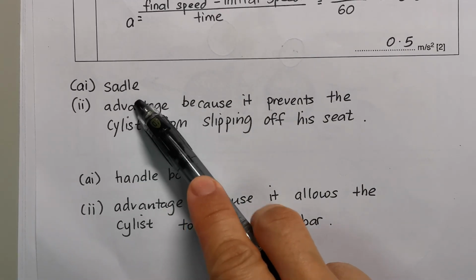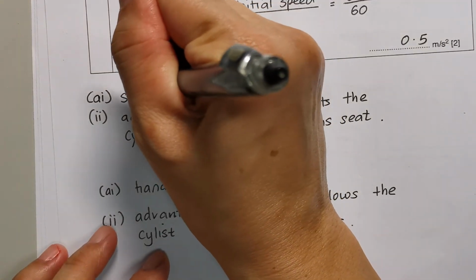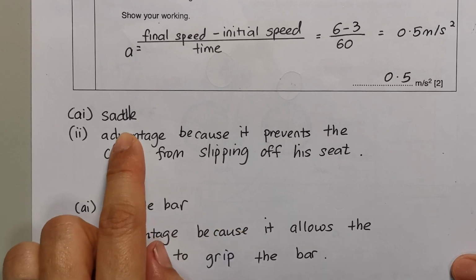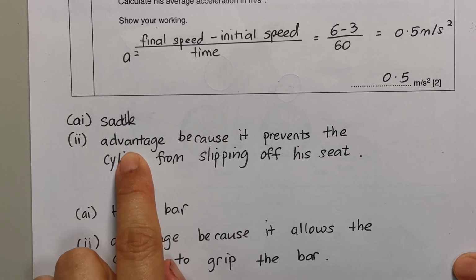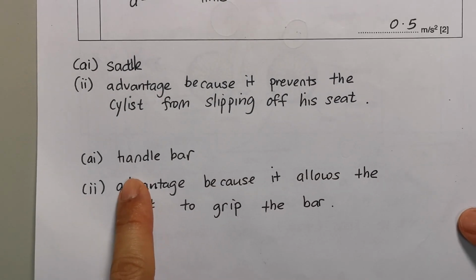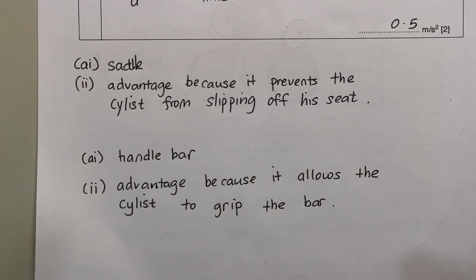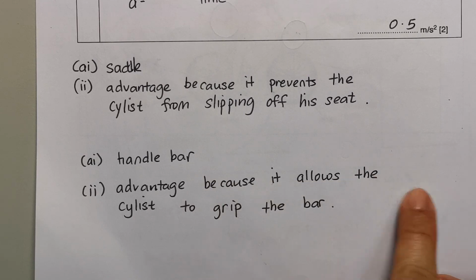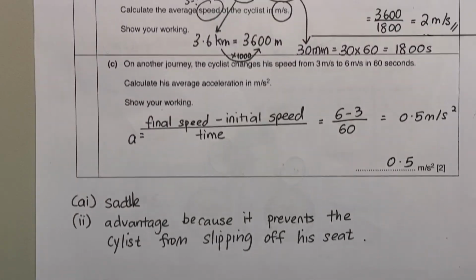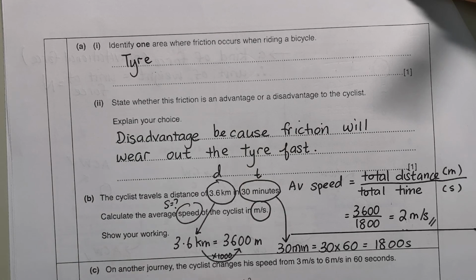The saddle is also a place where you experience friction. In this case, it's an advantage because it will prevent the cyclist from slipping off his seat. Handlebar, again, that's why cyclists wear gloves to increase the friction so that the cyclist can grip the bar tightly. So three answers. The explanation depends on the answer you have here.